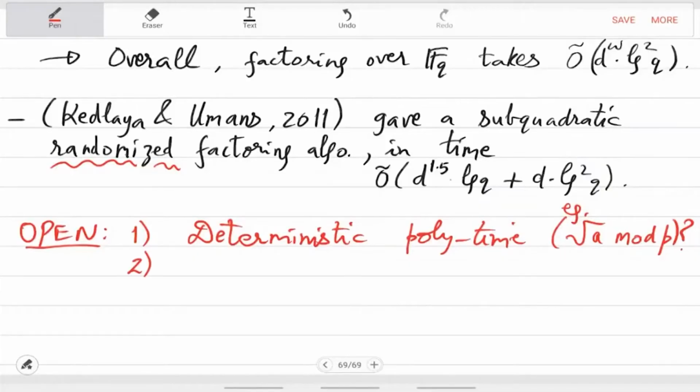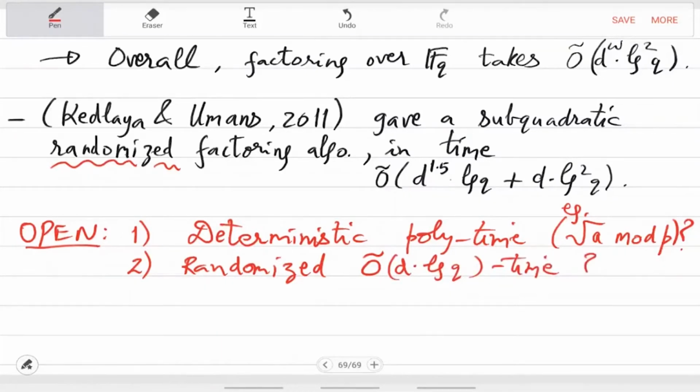Deterministic polytime algorithms are open. And second is randomized O tilde d time. Okay, so both these are open questions.